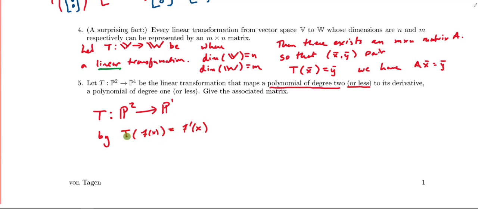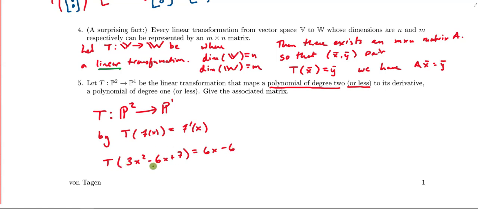So here's a transformation. How do you take a vector from P2? Well, we could take, for example, this function 3x squared minus 6x plus 7, and the transformation is just the derivative transformation, and so that would give me 6x minus 6.